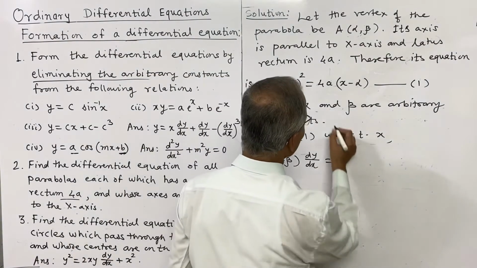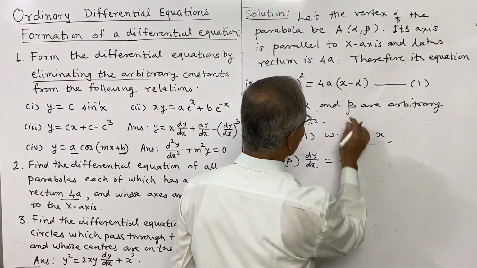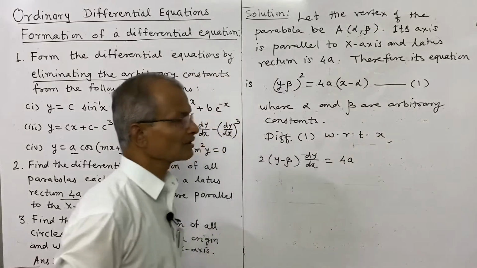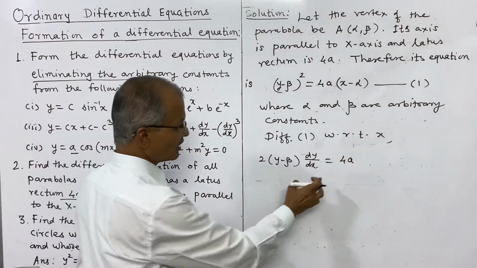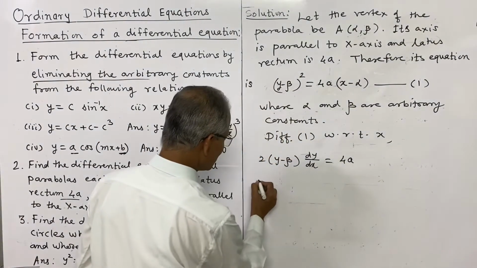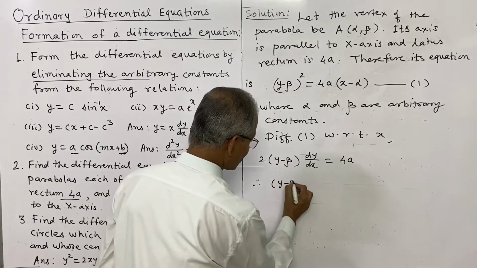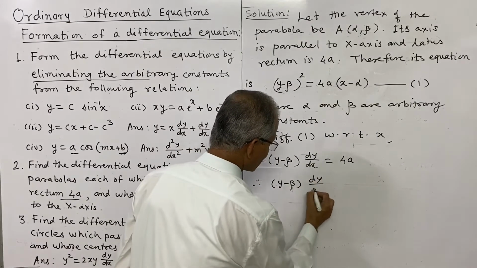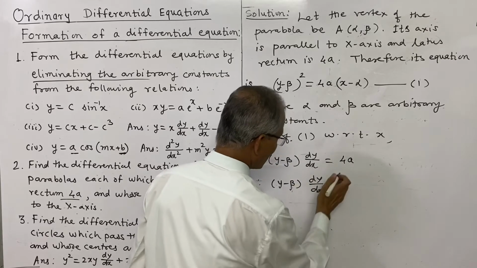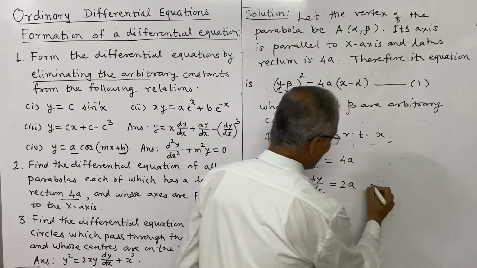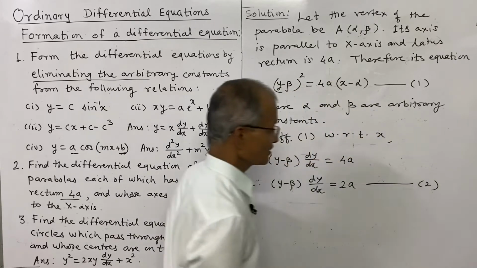On the right side 4a is constant, the derivative of x is 1, and alpha is constant so its derivative is 0. So it is only 4a. That can be simplified as y minus beta into dy by dx is equal to, dividing by 2 on either side, 2a. And we shall suppose this relation as 2.